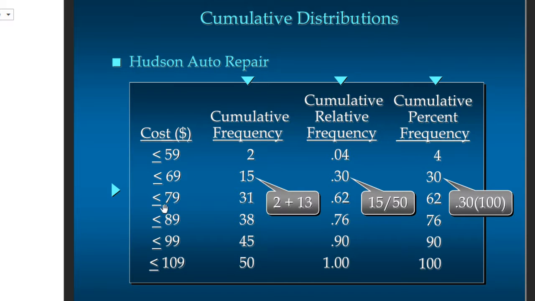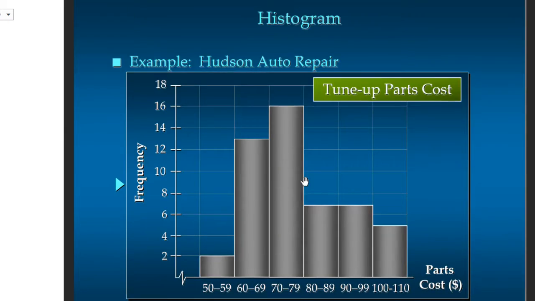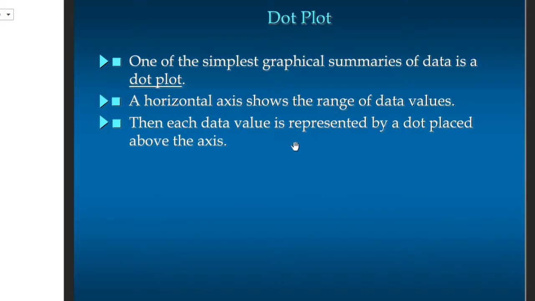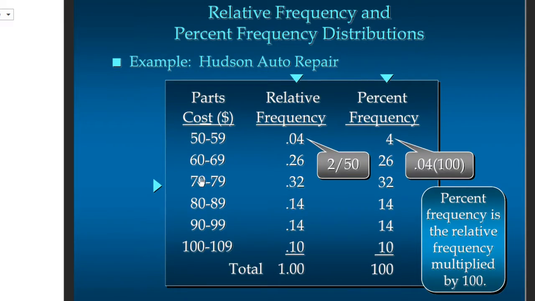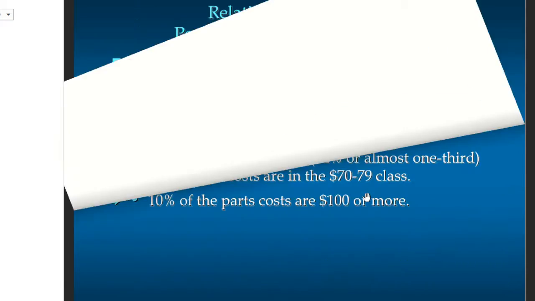Now how much did we have between 70 to 79? Let's go back to this original graph. 70 to 79 was 16.